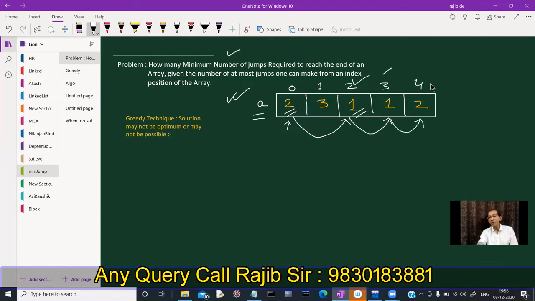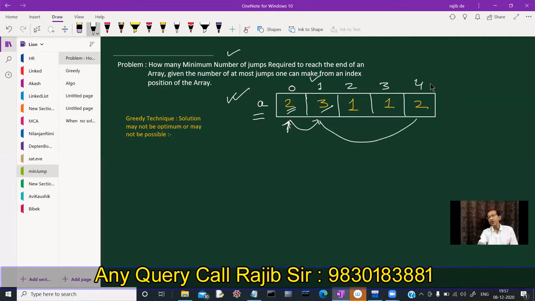So how many jumps are you taking? 1 plus 1 plus 1, total 3. But is it the optimum solution? No. In a very simple way, if we start from 0, but instead of making 2 jumps we take just 1 jump, because you can take fewer than the maximum number of jumps from a particular index, you go to index 1, from where you can make a maximum of 3 jumps at a time.